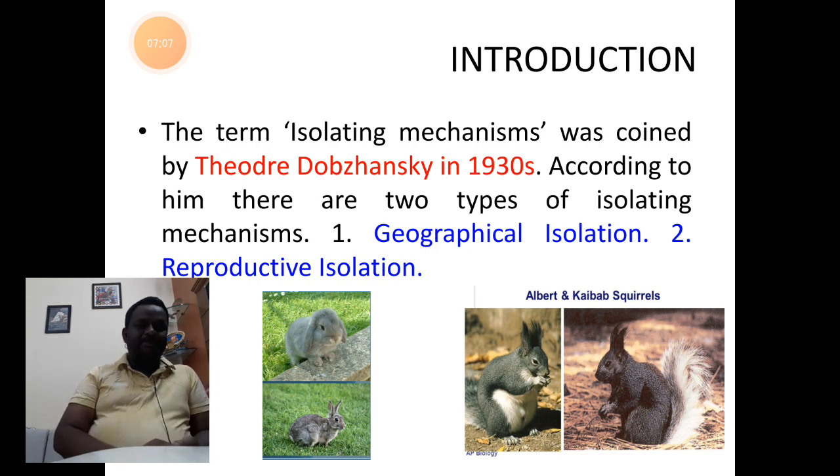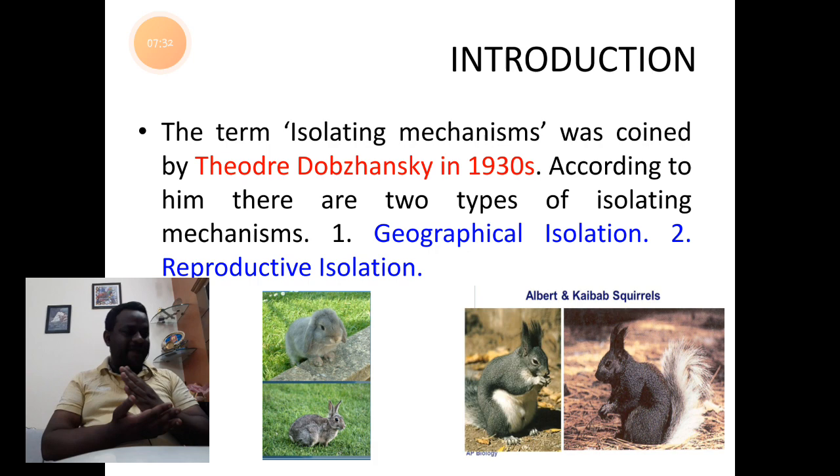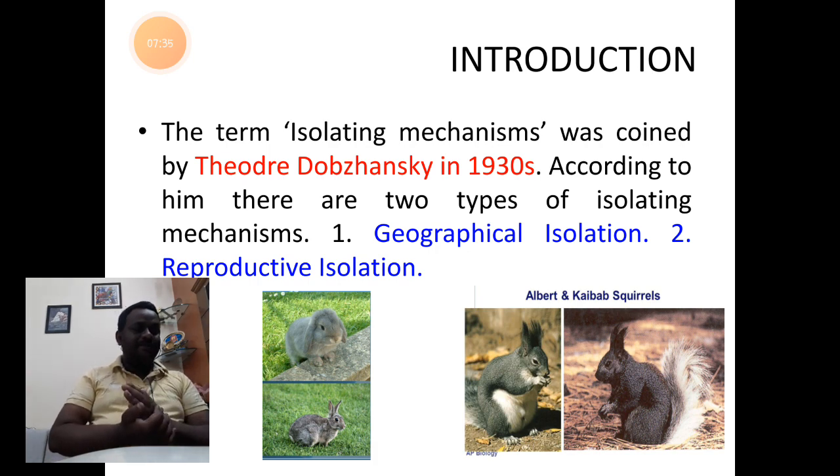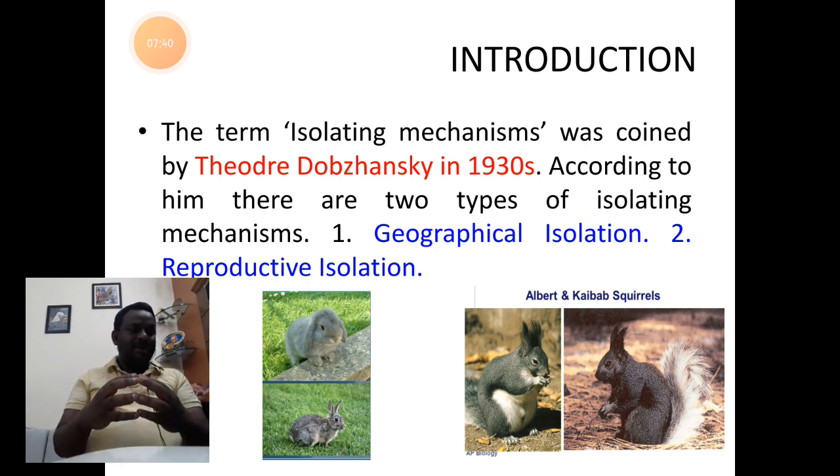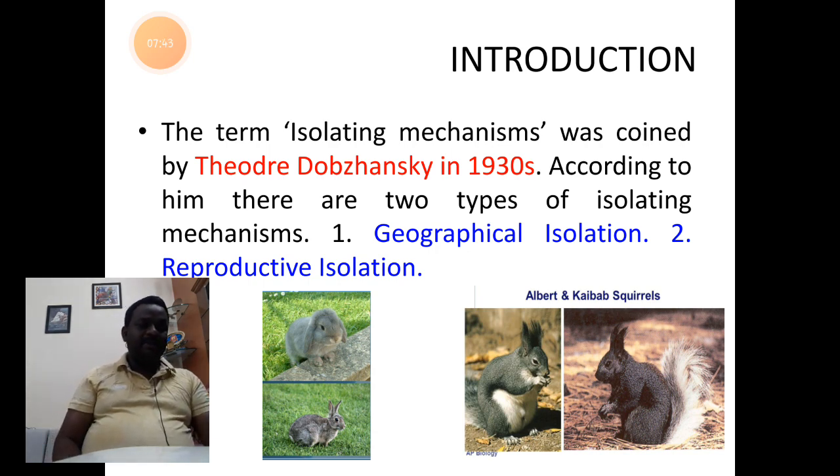Down in the slide is a picture of rabbits and squirrels. The first picture of rabbits shows geographical isolation. The second, of squirrels, shows reproductive isolation. What's the difference exactly? In geographic isolation, certain natural geographical barriers divide or separate a huge population into smaller groups.